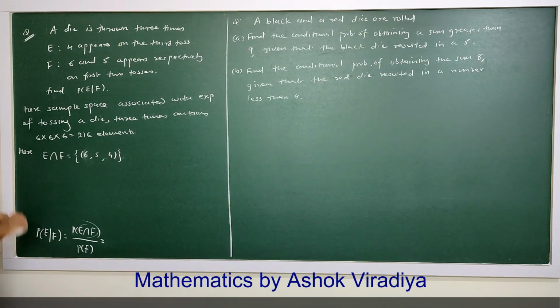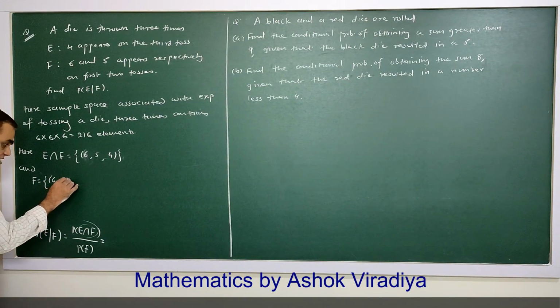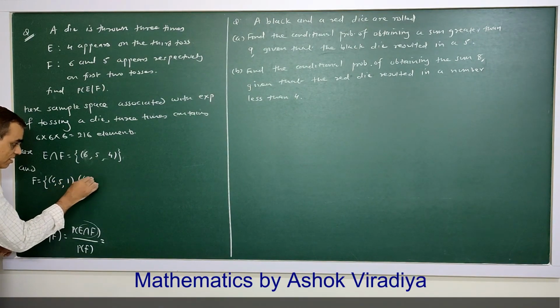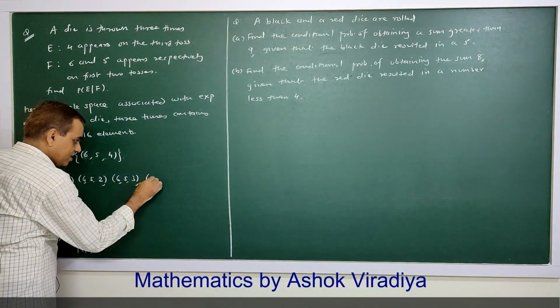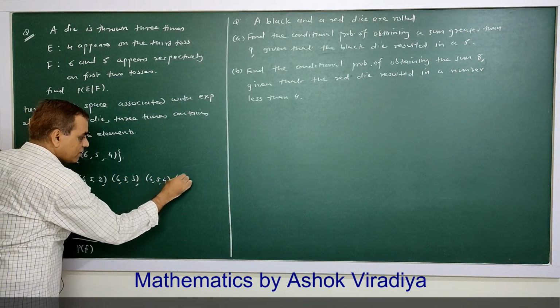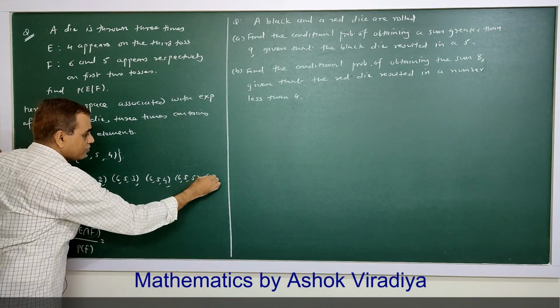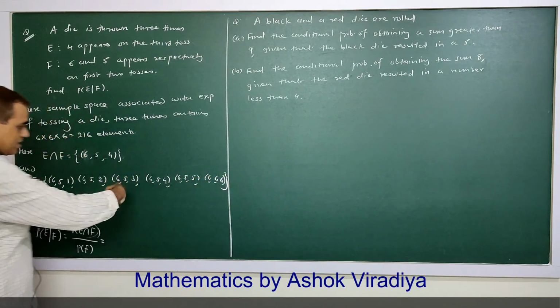Then F, what does F mean? We make a list of elements in F: 6 and 5 on the first 2 tosses. That is the condition. So the third toss possibilities are 651, 652, 653, 654, 655, 656.